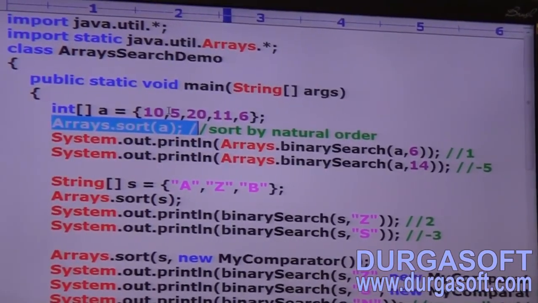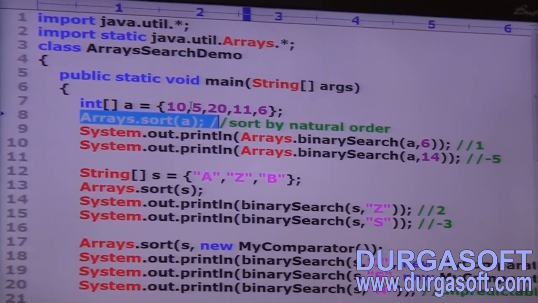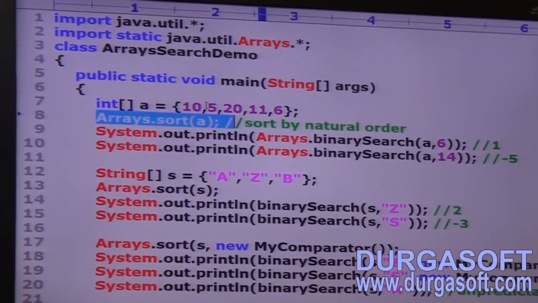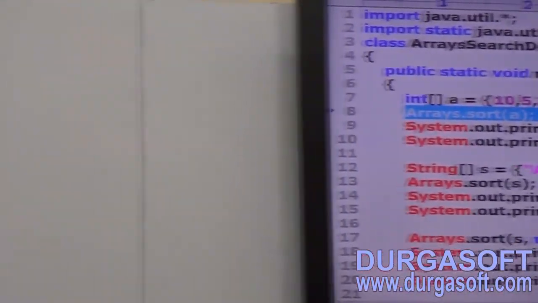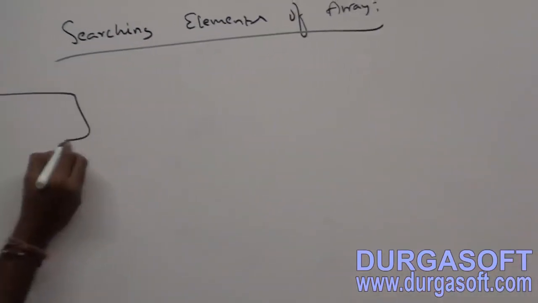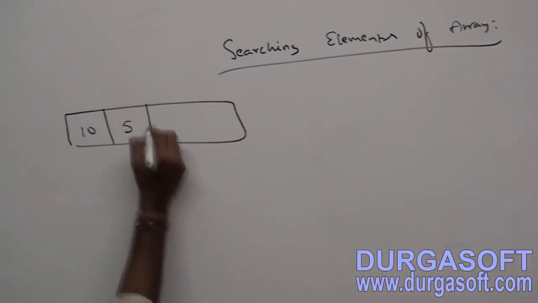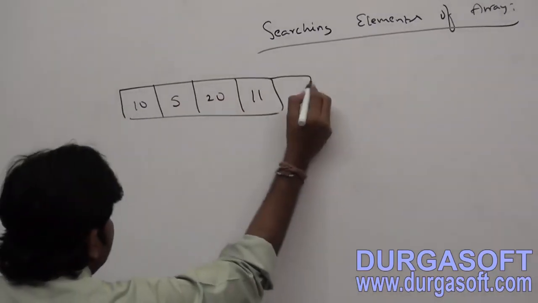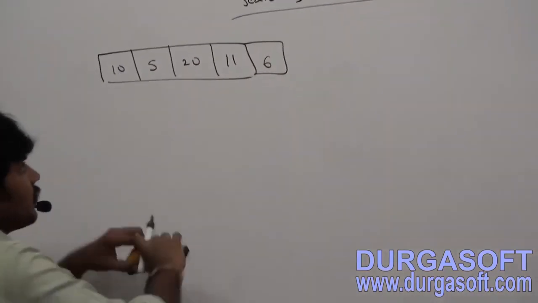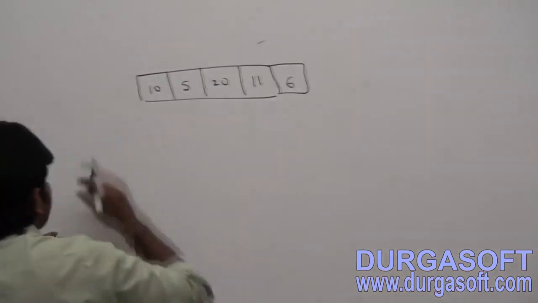If I sort, so one minute, see this one. Sir, what is the array? Can you spell out? The array is 10, 5, 20, 11, 6. Now listen a bit carefully. This is the first category.